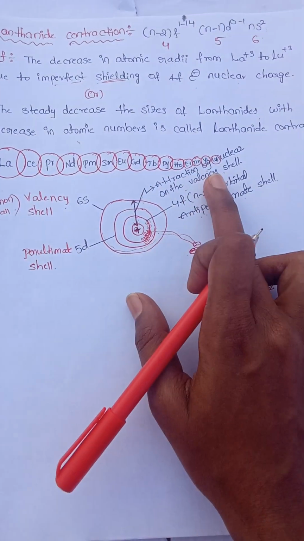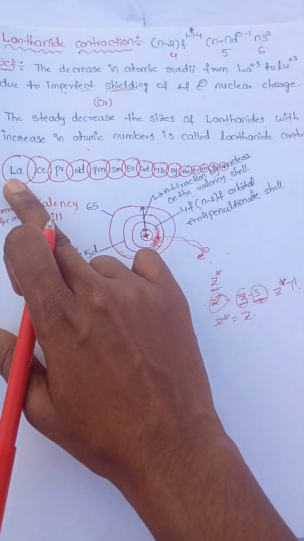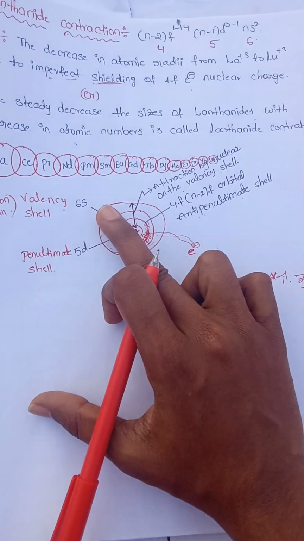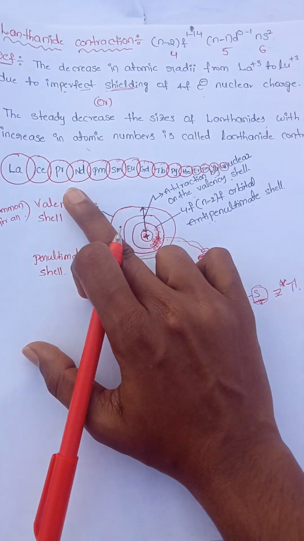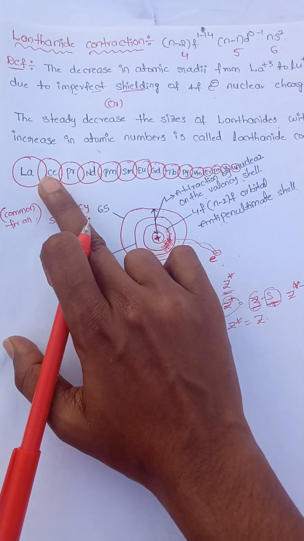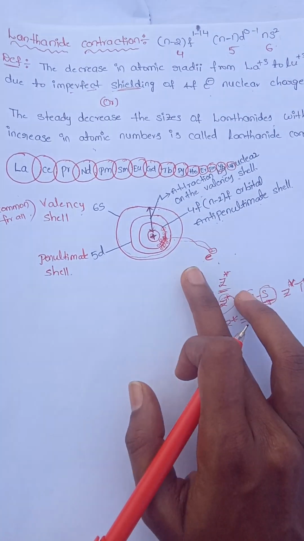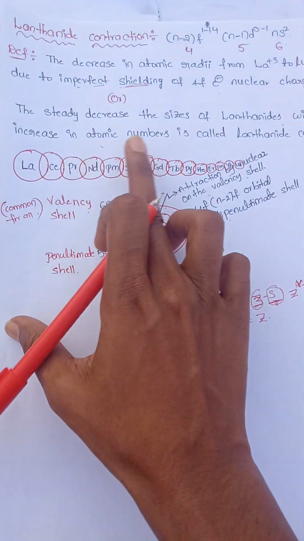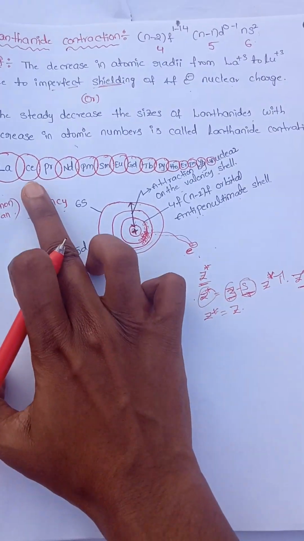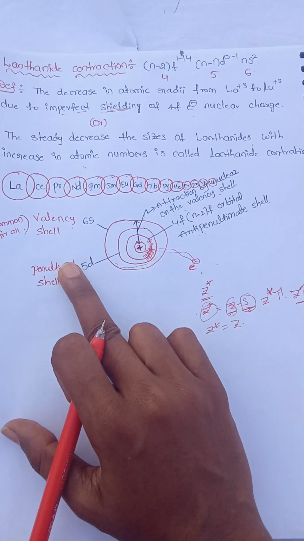From cerium to lutetium, all the electrons enter into the f block. Cerium has 1 electron and praseodymium has 2 electrons. From cerium to lutetium, the number of f electrons gradually increases from 1 to 14.